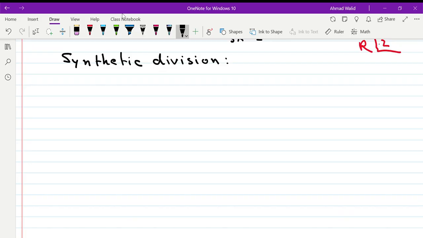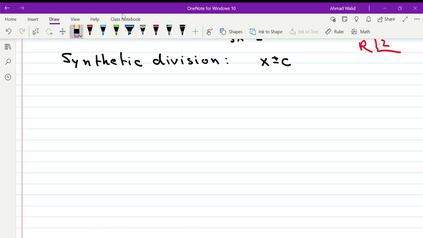This division is the easy or shortcut version of long division, as long as your divisor is in the form of x minus c or plus c, doesn't matter which one, but the coefficient of x should always be 1, correct? You can use this division.